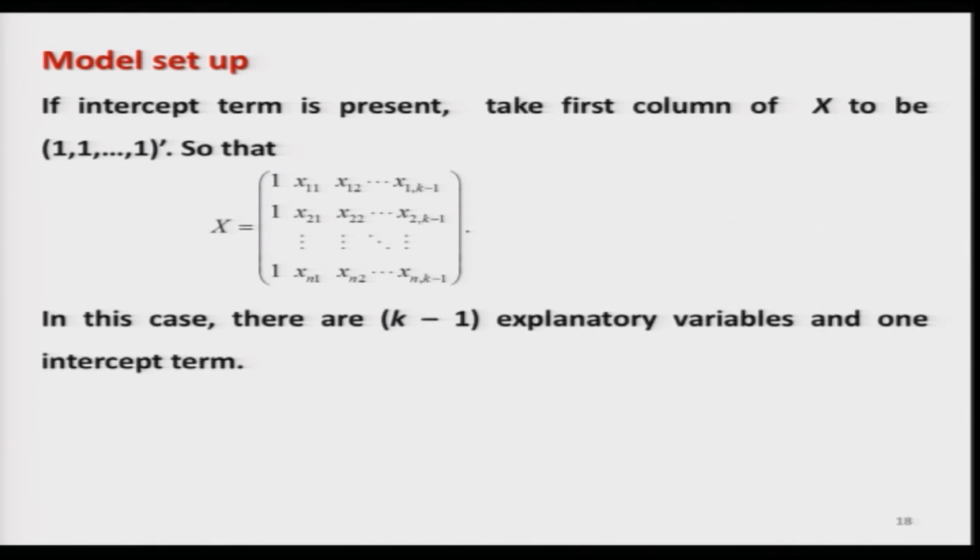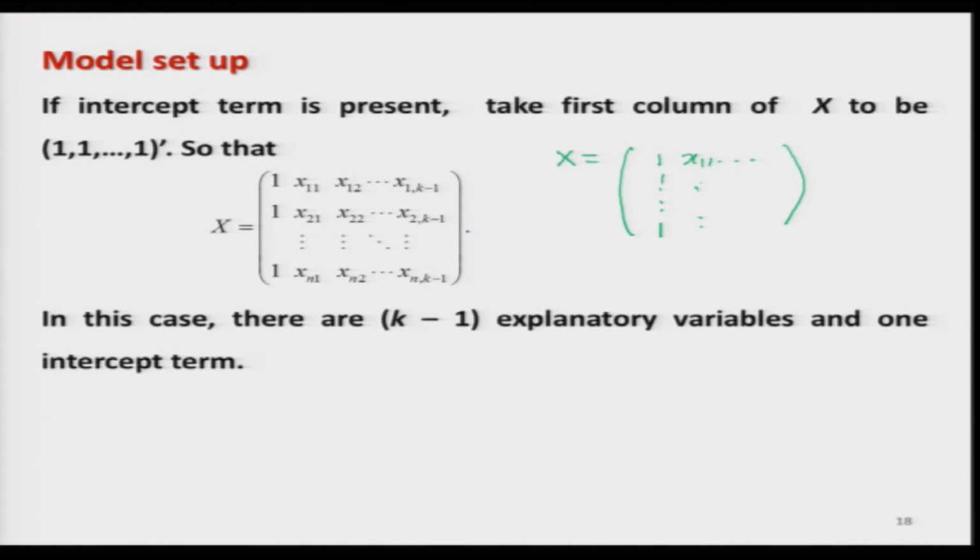Now I will show you how you can include an intercept in your model. There are two options. The first option is to make the first column of your matrix X all ones, and all other values remain as such.